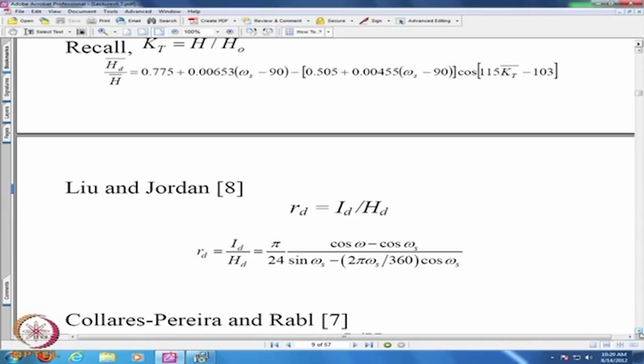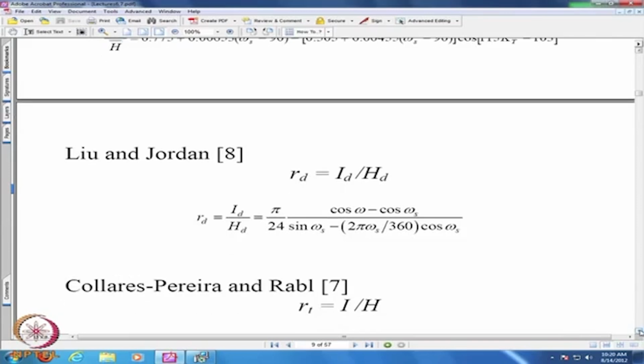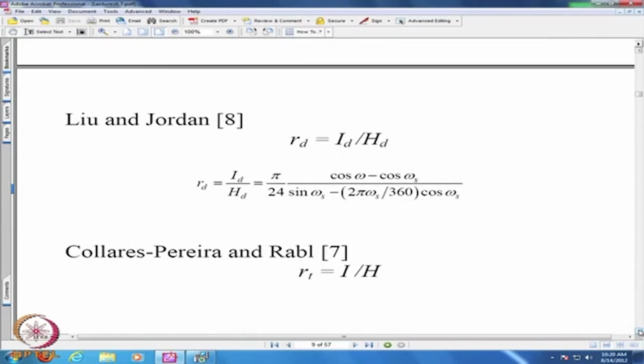And in the class when we were dealing with this lecture in detail, I pointed out that this rd is nothing but I0 upon H0. So, it is a bit surprising that the ratio of the diffuse radiation to the total diffuse radiation has been set equal to the corresponding extraterrestrial values, but this works within a certain percentage error of 4 to 10% on a root mean square basis.